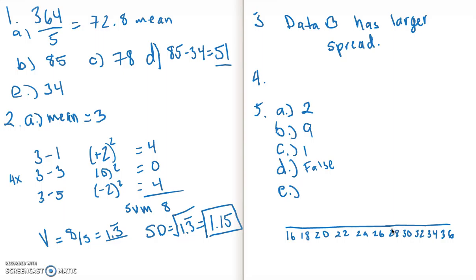Okay. Looking at this, we have to order our data in the correct order. So we're going to get 16, 16, 17, 17, and then after that, 25, 25, 25, and then we're going to get 28, 29, and then 36.